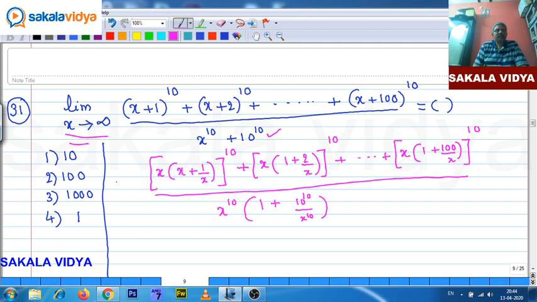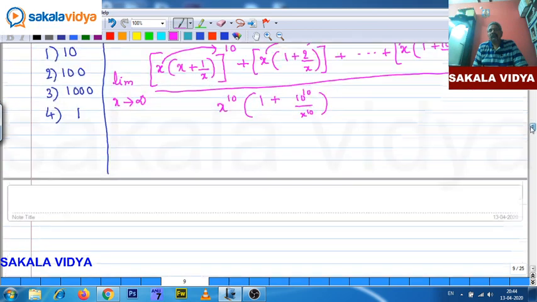So that means this is limit x approaches to infinity. So the interesting factor is actually here x power 10, here also x power 10, last x power 10, you can take out x power 10 common from all the terms.